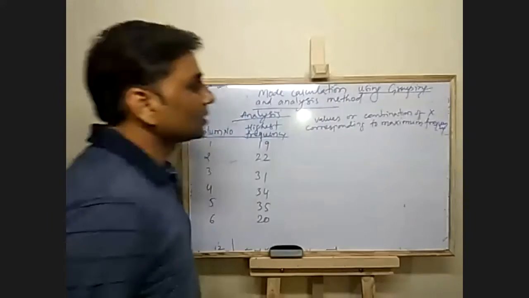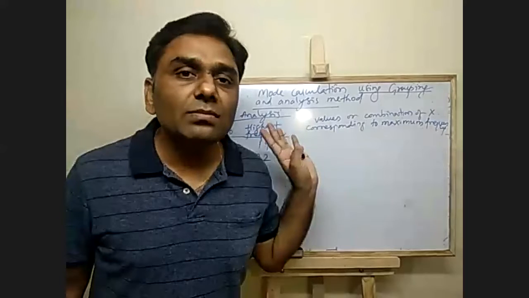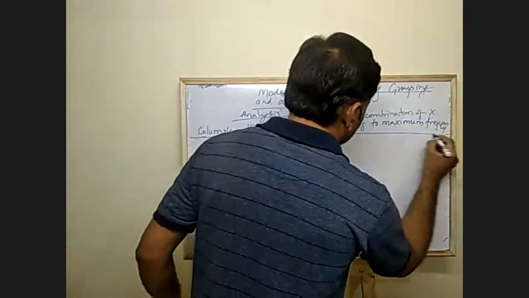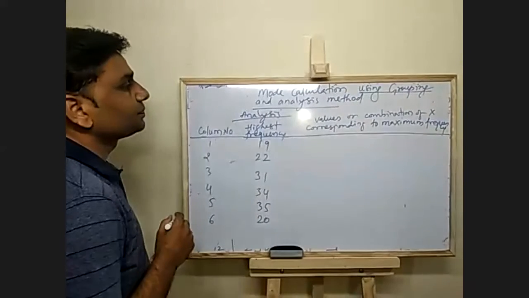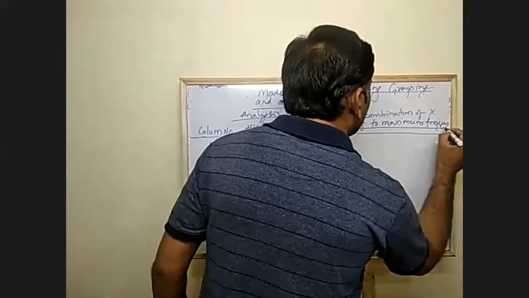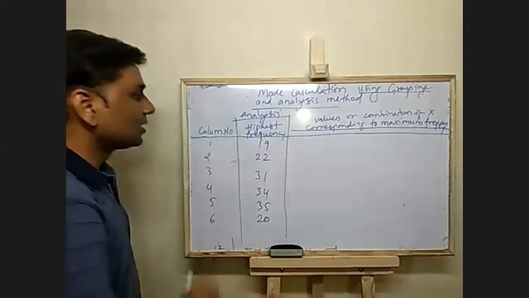Okay. Basically, x corresponding to maximum frequency. Okay, that is what we have to find. So you can just write down here one more additional mark. So this is your highest frequency.